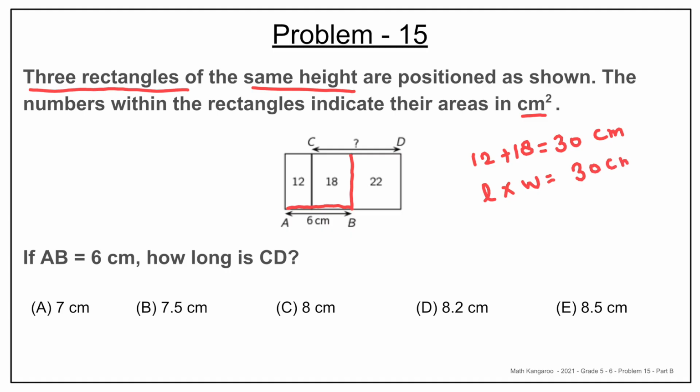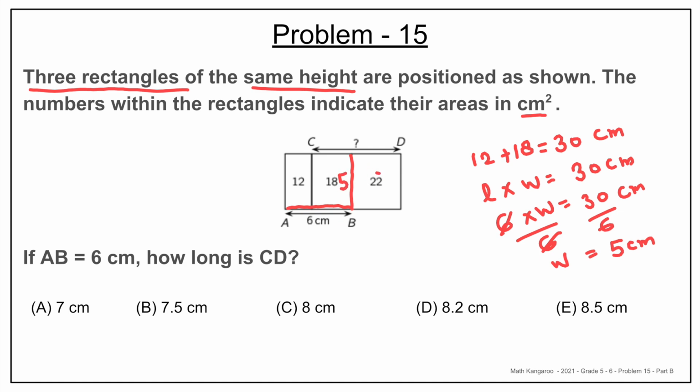So length is 6, 6 times width is equal to 30. Now we divide by 6 on both sides, so we get 1 here. Width is equal to 5 centimeters. So width is 5 centimeters.